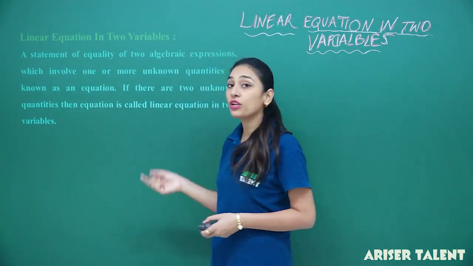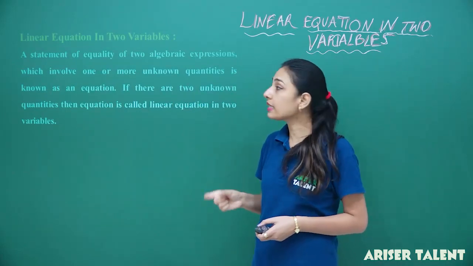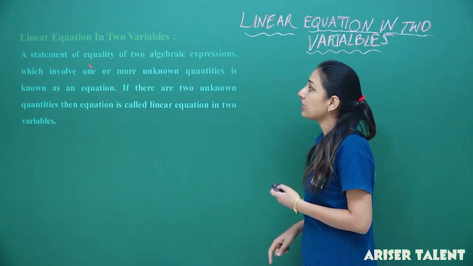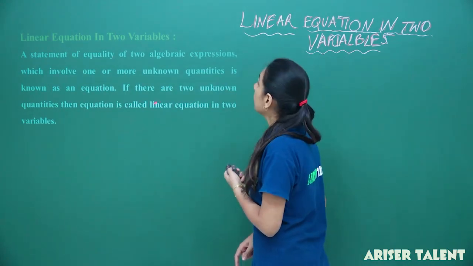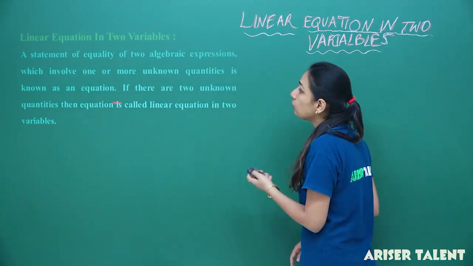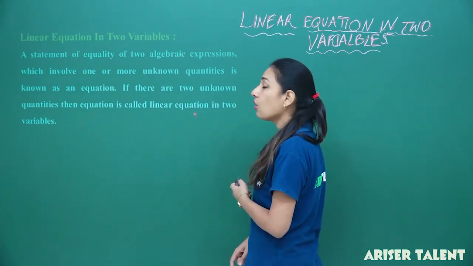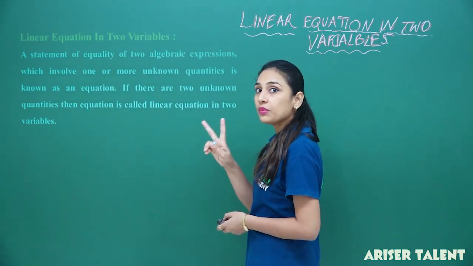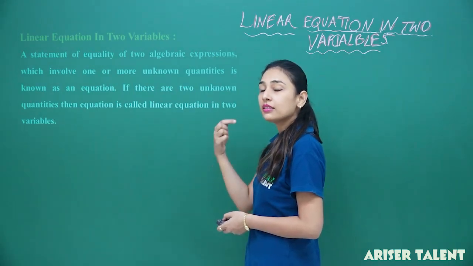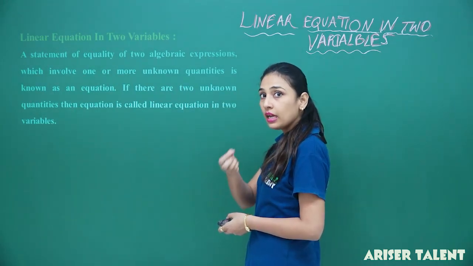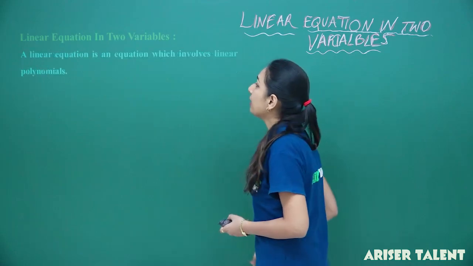A statement of equality using the equal sign of two algebraic expressions which involve one or more unknown quantities is known as an equation. If there are two unknown quantities, then the equation is called a linear equation in two variables. The variables are two; in our case, we studied x and y. Mostly we understood that by x and y, right?